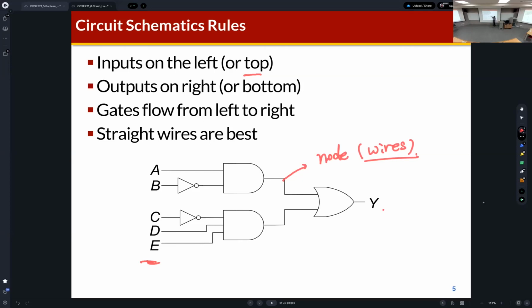So we need to connect the output of this circuit to the input of this circuit. Then we can use a wire. The wire is represented using straight lines, like this. But usually we draw a schematic like this, with horizontal lines and vertical lines.